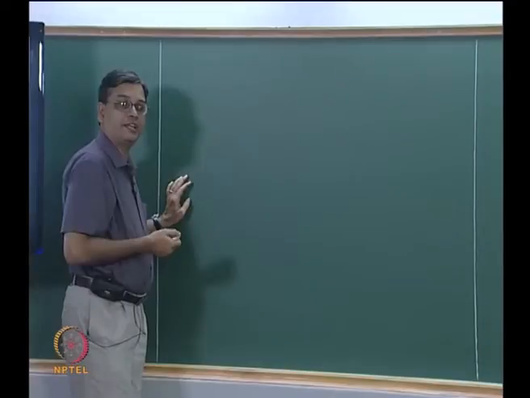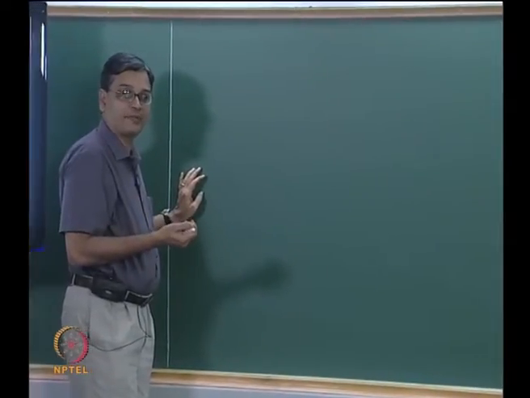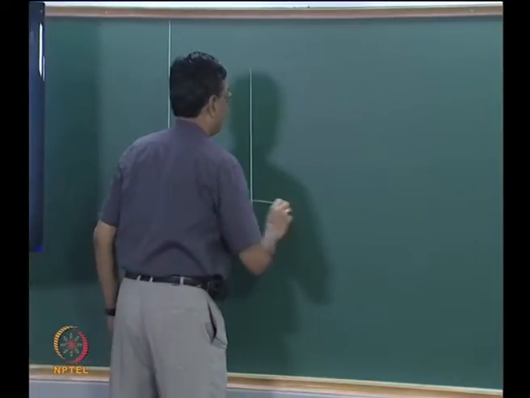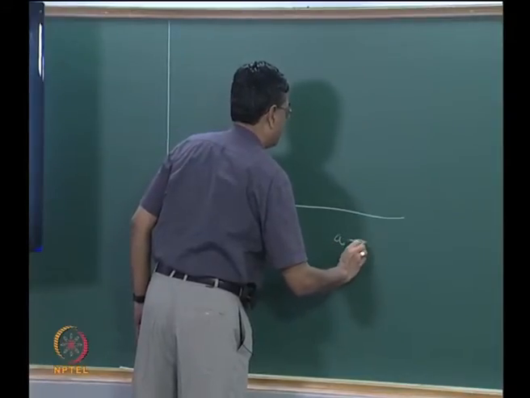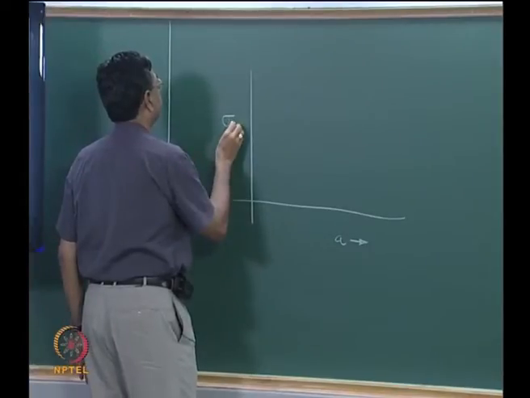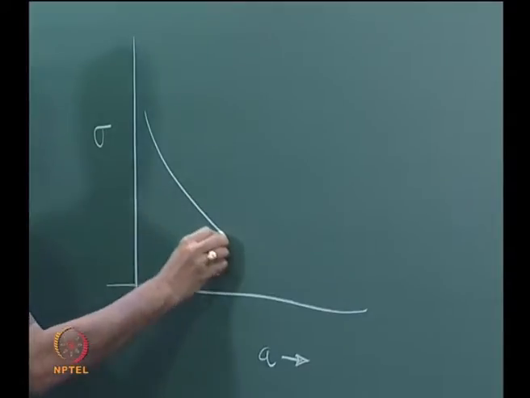We have seen how a residual strength diagram would in general appear. So, I have a graph between crack length and the stress here, and you could have a graph something like this.